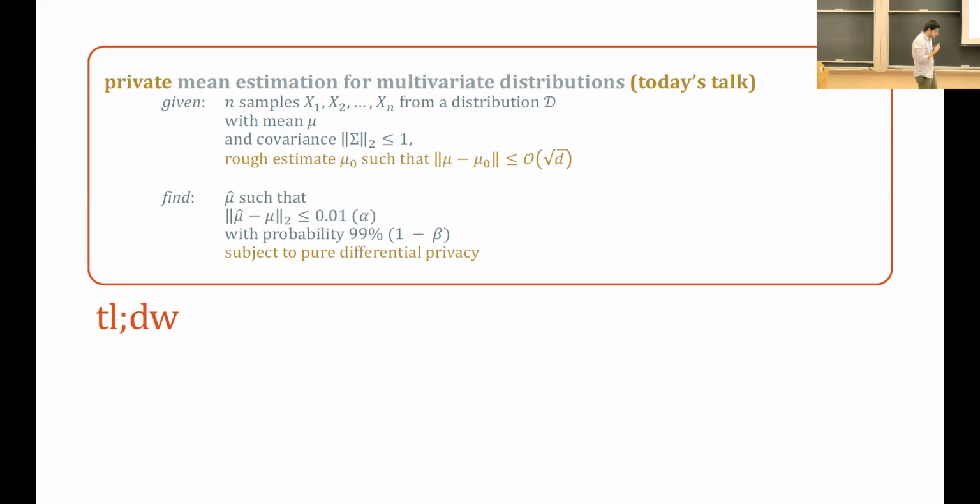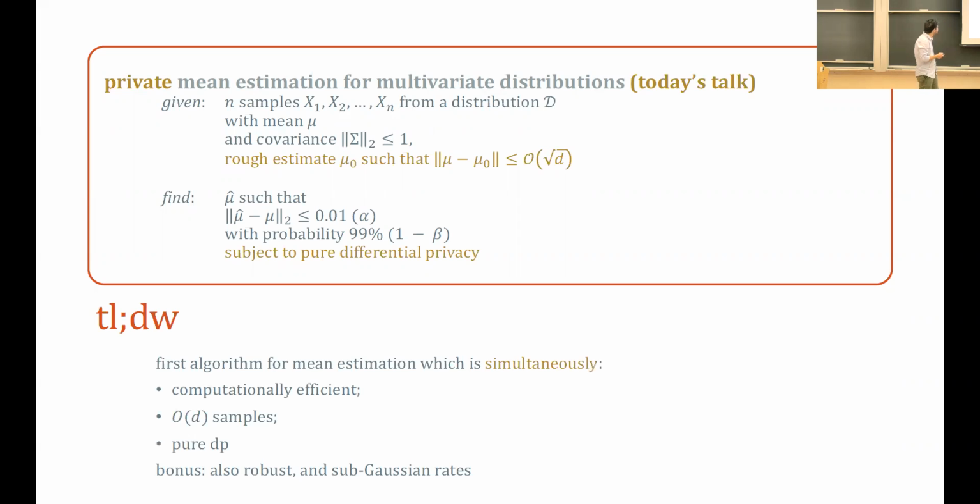So to summarize our results, we basically give the first algorithm for this problem which is simultaneously computationally efficient, has the optimal sample complexity up to logarithmic factors, and is pure DP. And as a bonus, we also get robustness and sub-Gaussian rates.